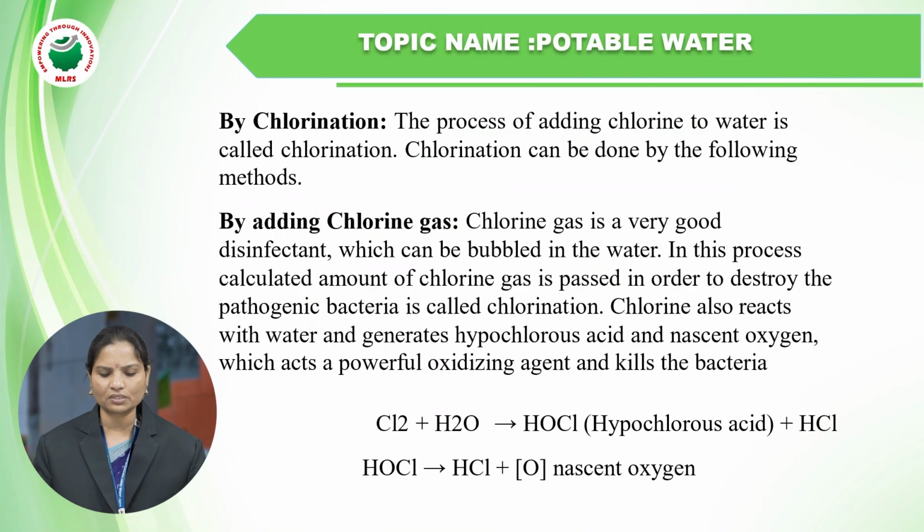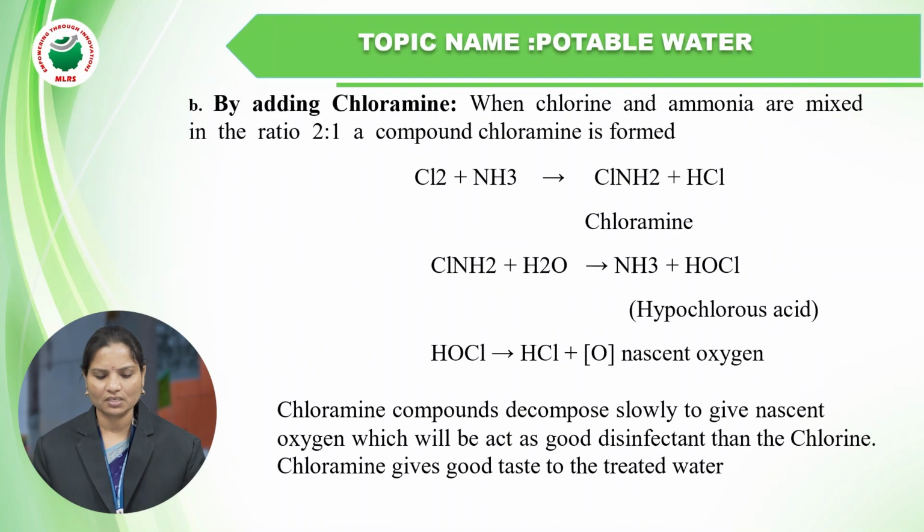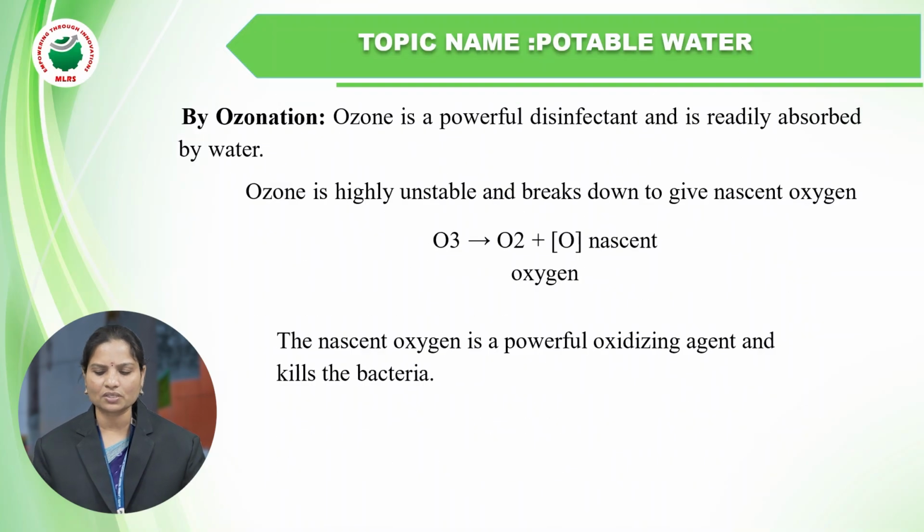Then we go to one more process, the ozonization process. What is meant by the ozonization process? In this process, we pass ozone through the water. Ozone is an unstable isotope, so it splits into O2 plus nascent oxygen.